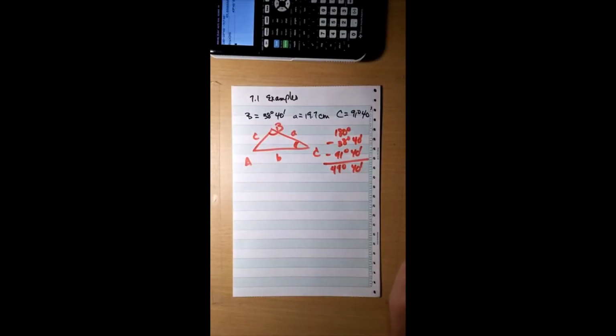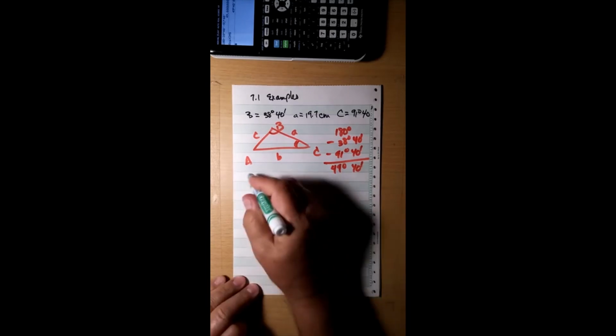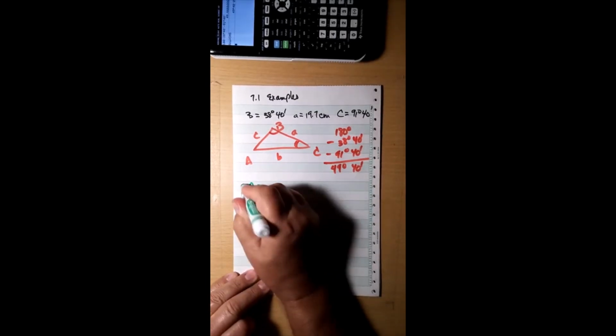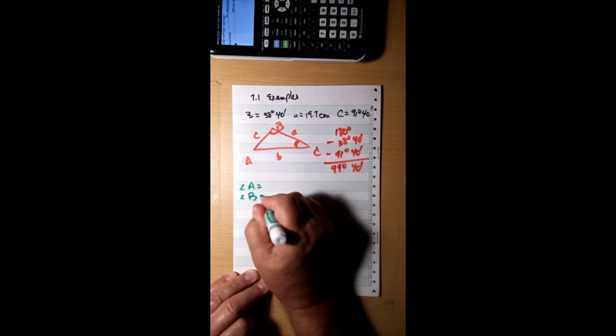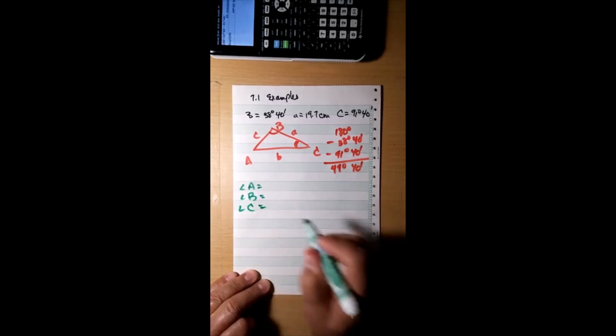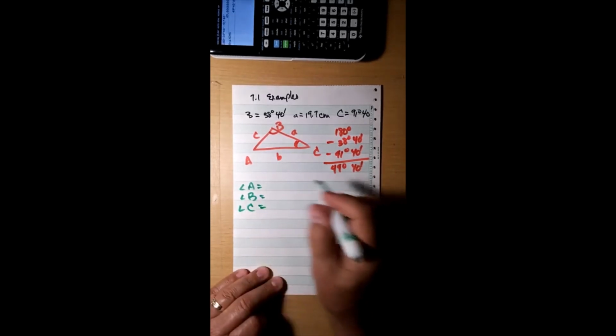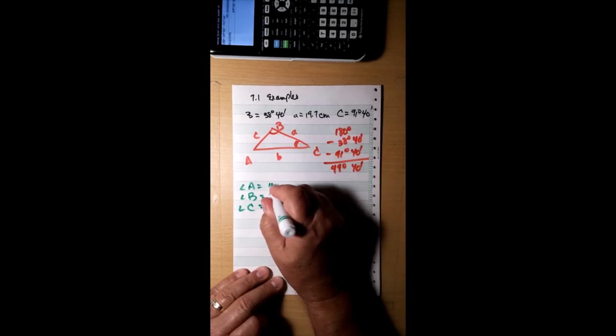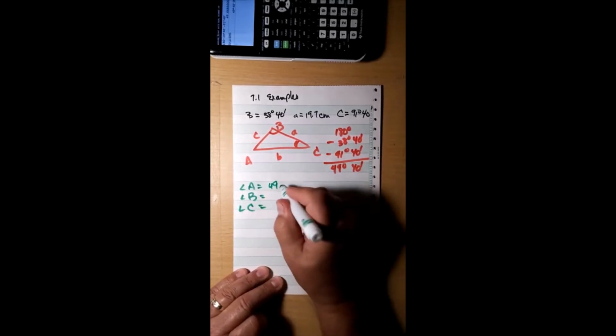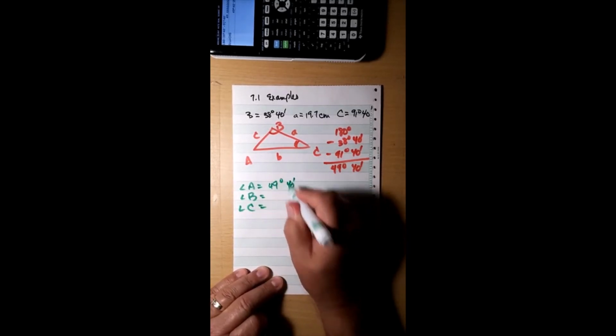Okay, so if we know all of those, let's make a list. Here's angle A, angle B, angle C. We know angle A is now 49 degrees and 40 minutes.